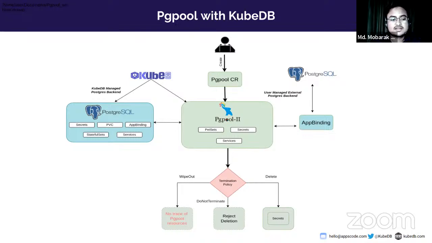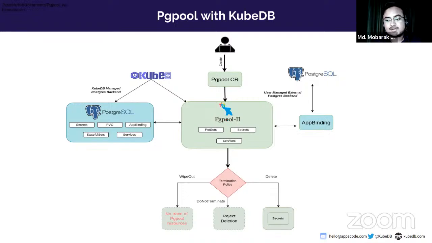It is basically a replacement of StatefulSet, but can do more things than StatefulSet. Also, the KubeDB provisioner will create necessary secrets, services, etc. Then if you use KubeDB Postgres, you just need to mention the AppBinding KubeDB made for Postgres in the Pgpool CR. And then KubeDB will do the rest for you. But if you use an external Postgres, you need to create the AppBinding and mention it for Pgpool.